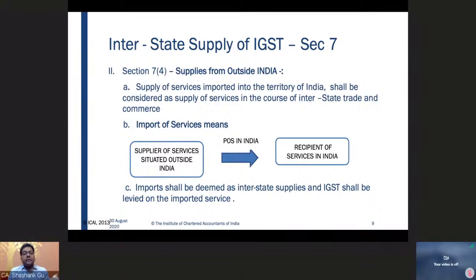When will a transaction be deemed as import of service? Where the supplier of services is outside India, the place of supply is in India, and the recipient of services is also in India.